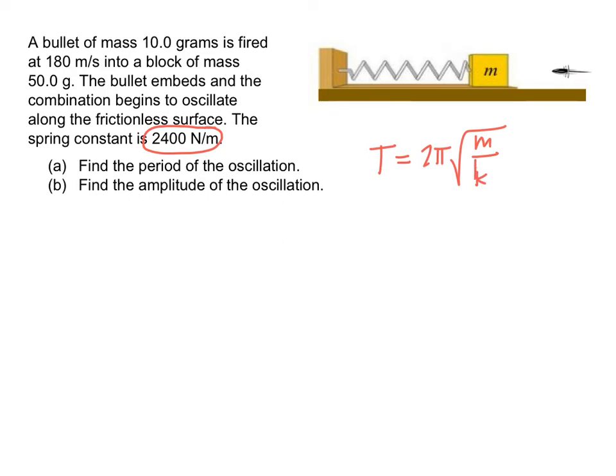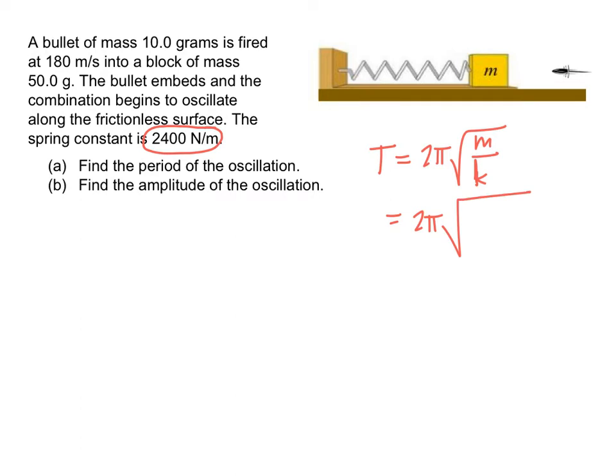That's a lowercase k. There's a number of masses in this problem, so I've got to think about this. Initially, it's just a block of 50 grams, but then this bullet embeds in it, and they will move together. So the mass I should use would be both of those masses put together.